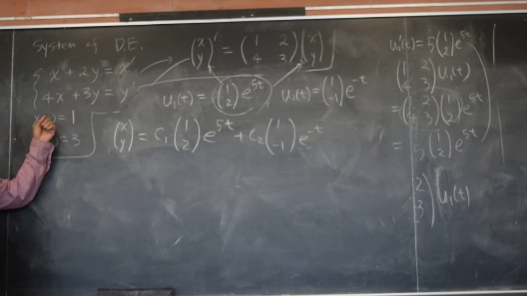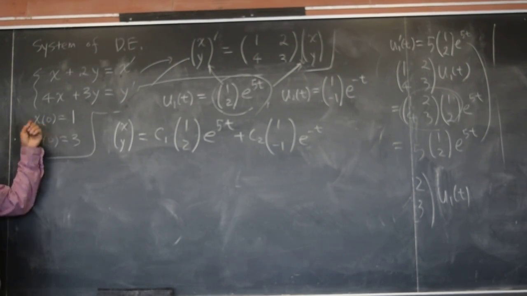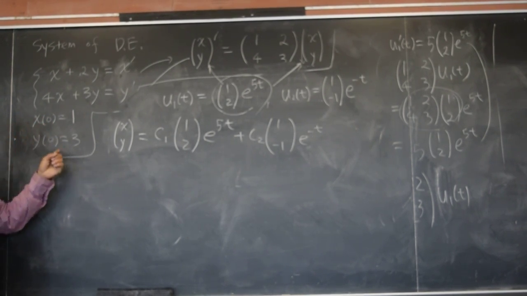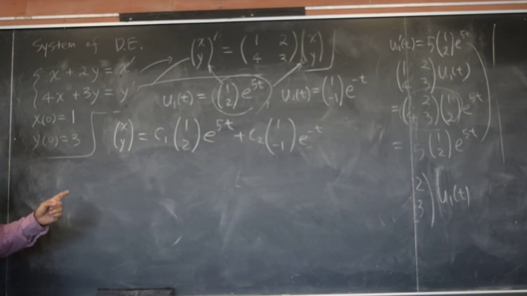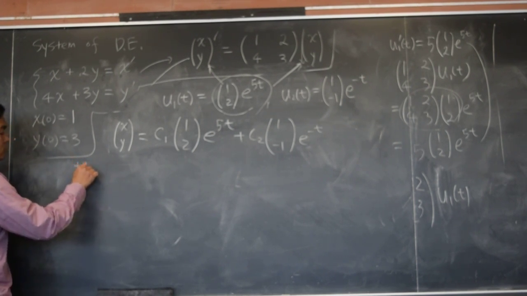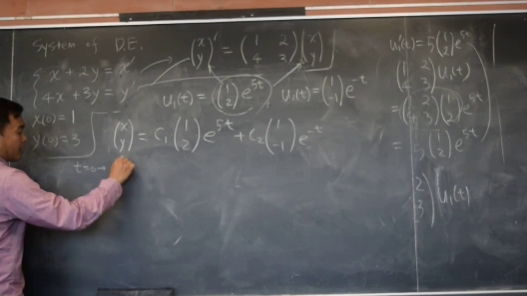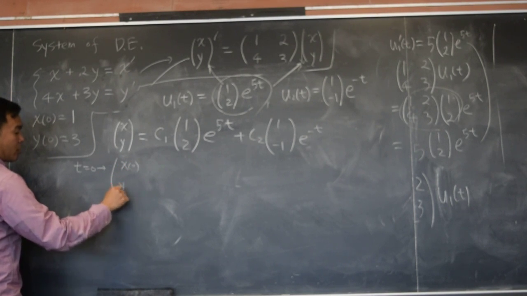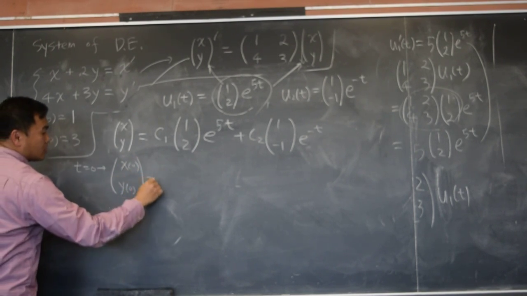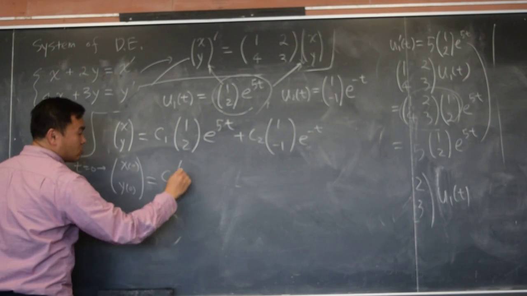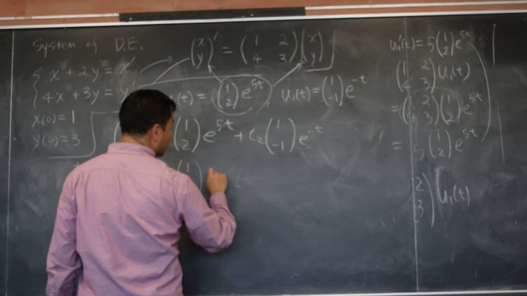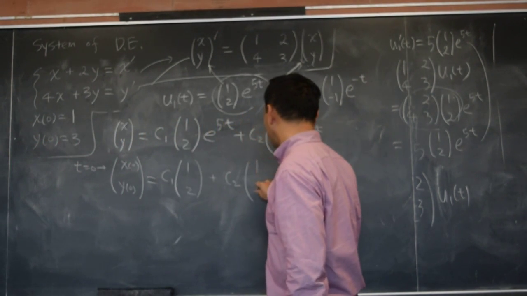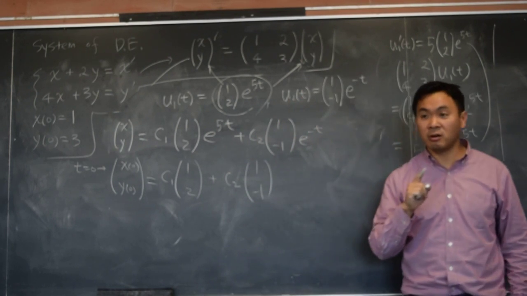And therefore, in order to make sure that it satisfies the initial condition, all you have to do is plug in t equal to 0 and then find C1 and C2 that will satisfy it. Okay, so let's do that. If you set t equal to 0, what do you get? You get (x(0), y(0)) equal to C1 times (1, 2) plus C2 times (1, -1). Where did the e go?